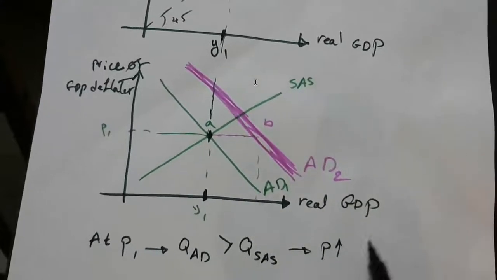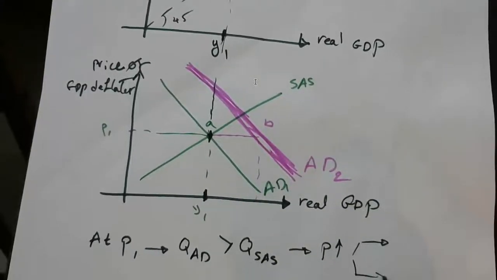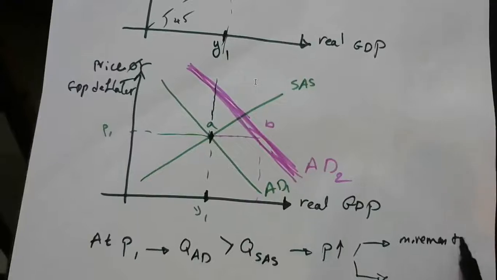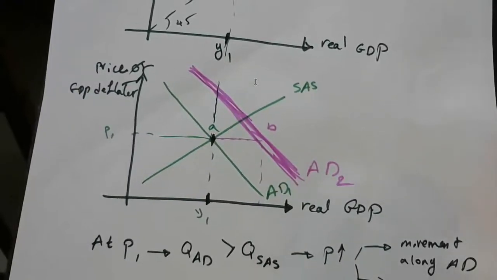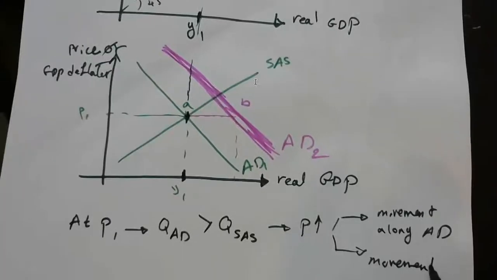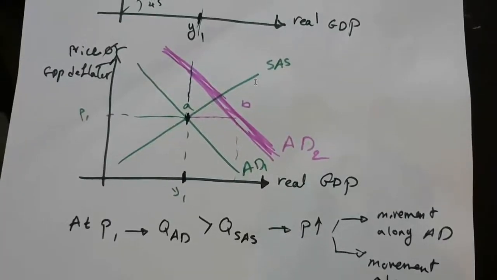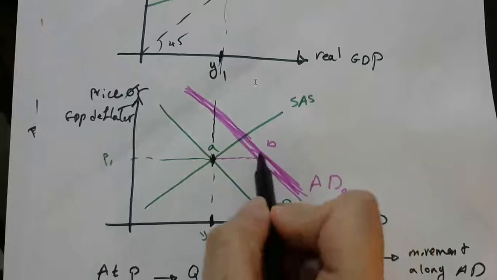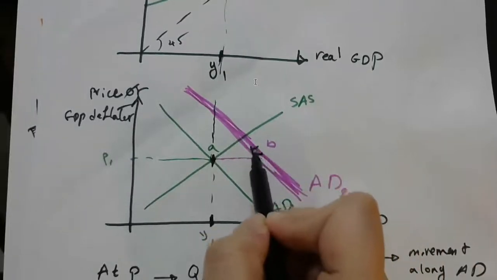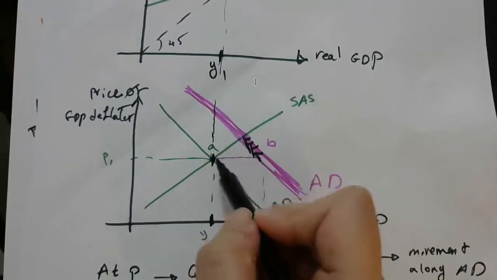Once the price is pushed up, then we have to discuss two things: movement along AD, and then movement along SAS.